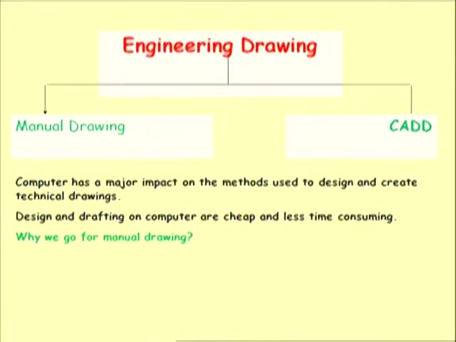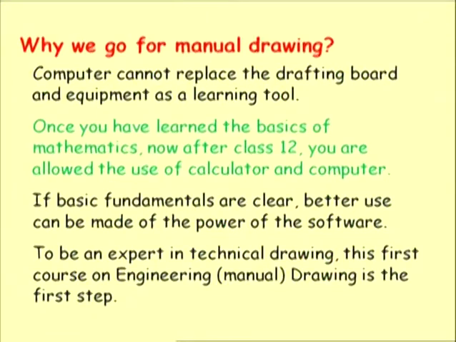So they may be wrong. The reason is the computer cannot replace the drafting board and equipment as a learning tool. Once you have learned the basics of mathematics, now after class 12, you are allowed the use of calculator and computer. If basic fundamentals are clear, better use can be made of the power of the software.